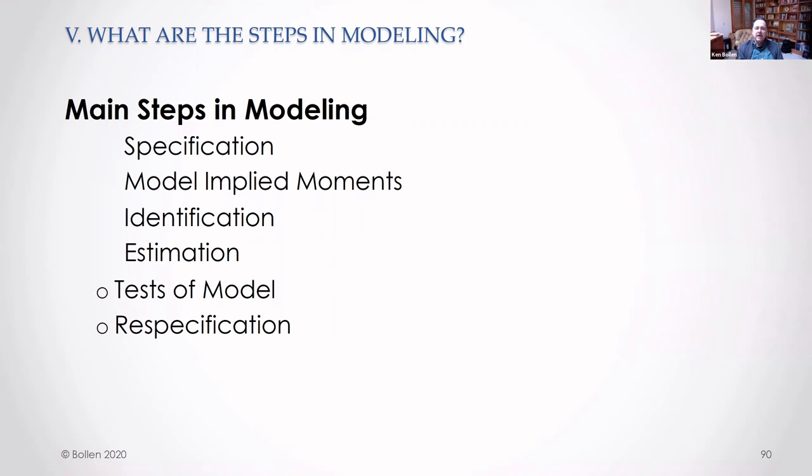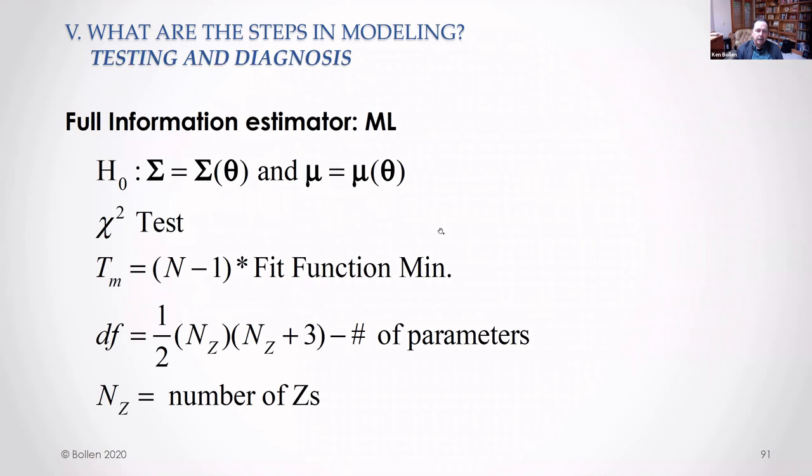Well, fortunately, we have some diagnostics that give us information on whether there's a suggestion of problems in our model or whether there seems to be a good match between our model and the data. These I want to separate into the full information type of test versus the limited information. So the first one I'm going to consider is the full information estimator, the maximum likelihood that we talked about.